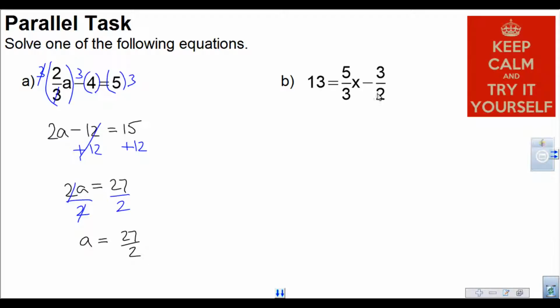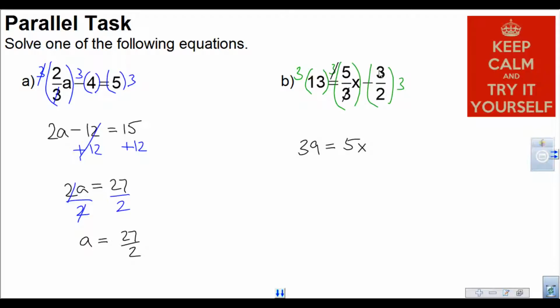All right, for this one, we've got to get rid of both the 3 and the 2. So let's get rid of the 3 first. So let's multiply every term by 3. All right, so 3 times 13 is 39, and that's equal to, now these 3's will divide out, right? So we've got 5x left over, and 3 over 2 times 3.